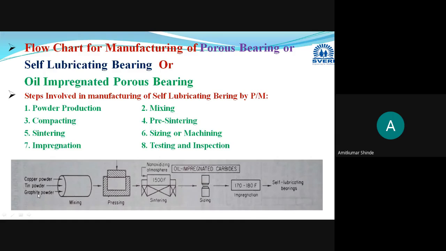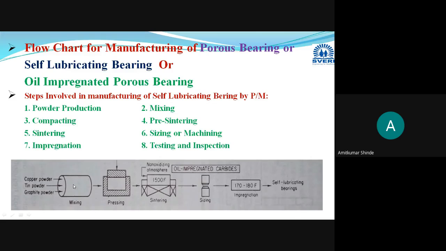This graphite is added to provide the necessary lubrication during the next stage, that is pressing or compacting. The graphite will act as a lubricant, and after the pressing operation it will be removed by performing a pre-sintering operation. That you have to mention here.